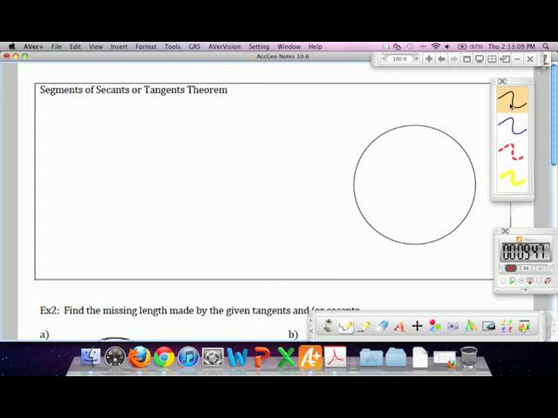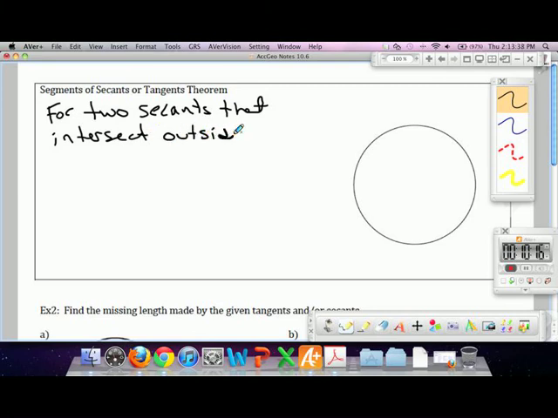It says for two secants that intersect outside of a given circle.